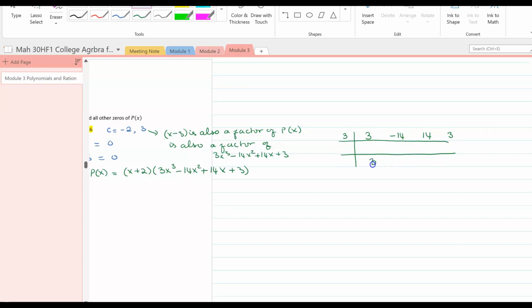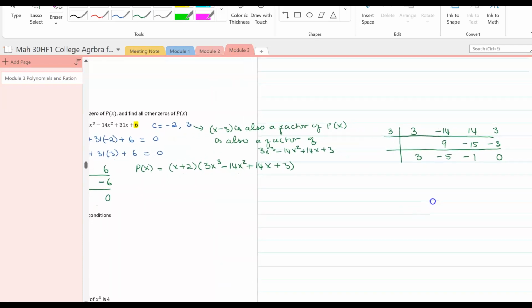We bring down the 3. Make 9 here. Negative 5. Negative 15. Negative 1. Negative 3. That makes 0.